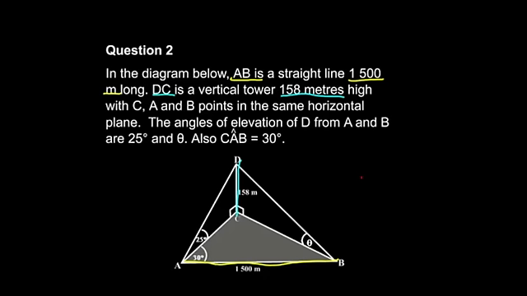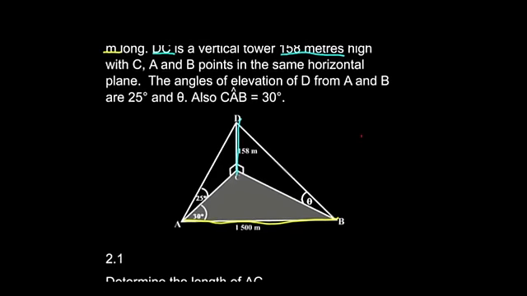The angles of elevation of D from A and B are 25 degrees and theta. Elevation, remember, if you elevate something, you take it up. So we're looking up. If I am at the bottom at A, and I am looking up to the top of the tower, D, the angle is 25.